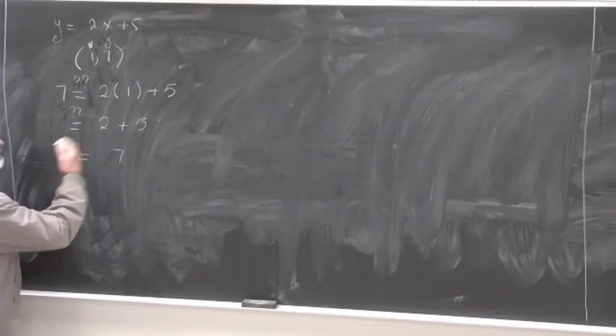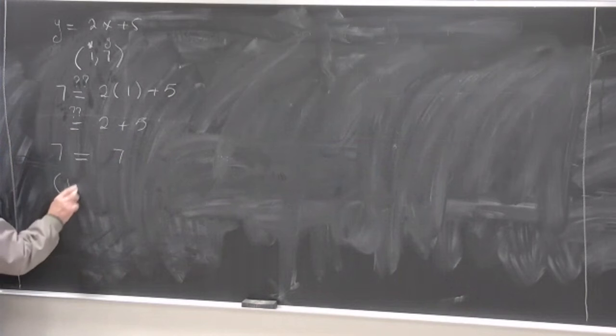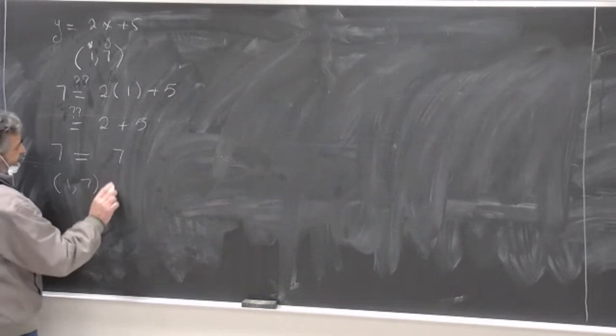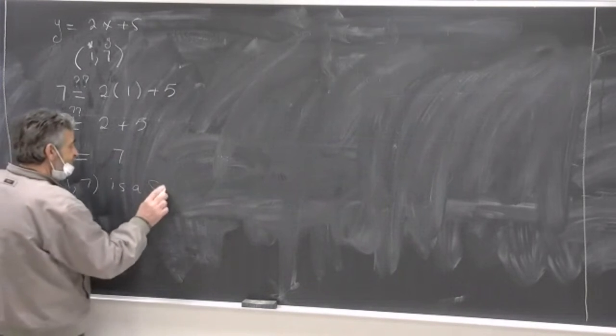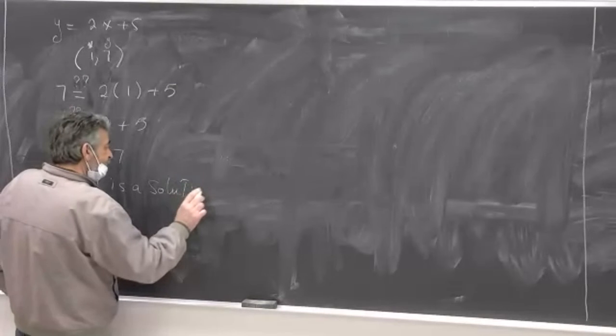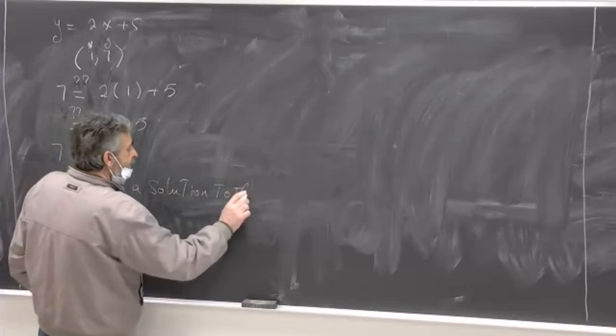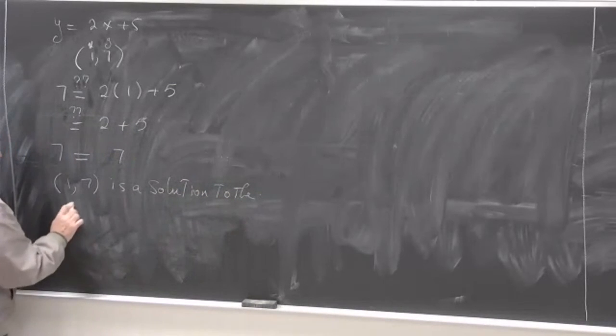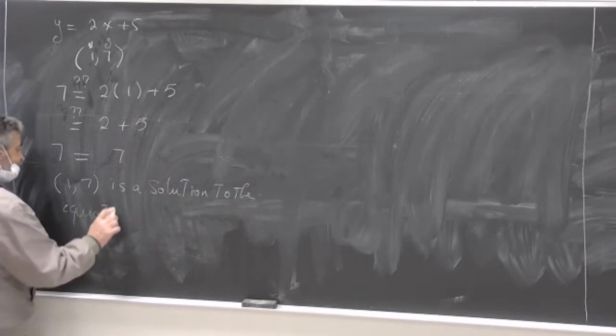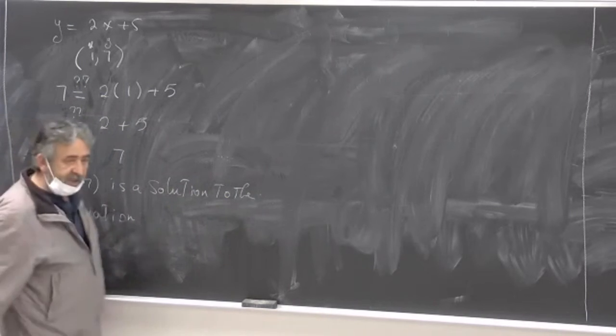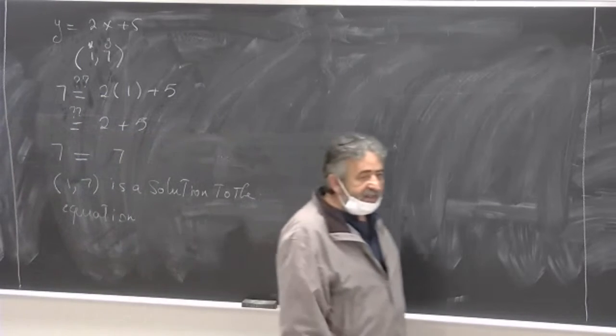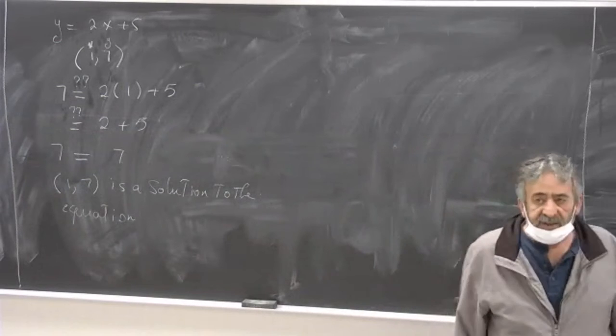So now I'm going to make a conclusion. My conclusion is 1 comma 7 is a solution to the equation. So now we determine that point is a solution to that equation.